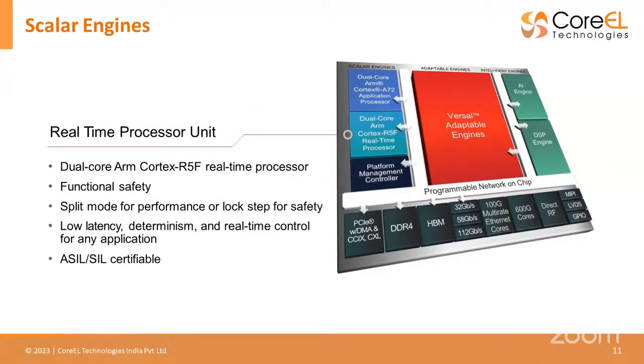Then you have your ARM Cortex R5F real-time processing unit, the RPU. This will help you for your real-time data or real-time controls that are required for your applications, and it also provides low latency for our designs.